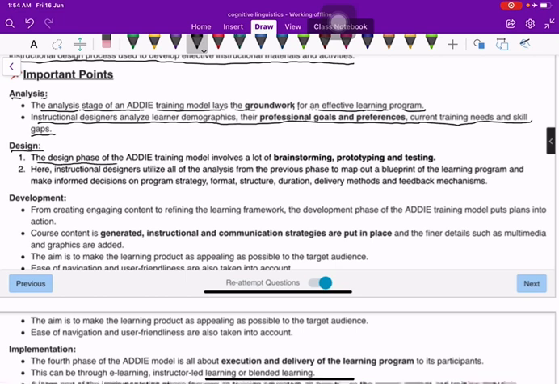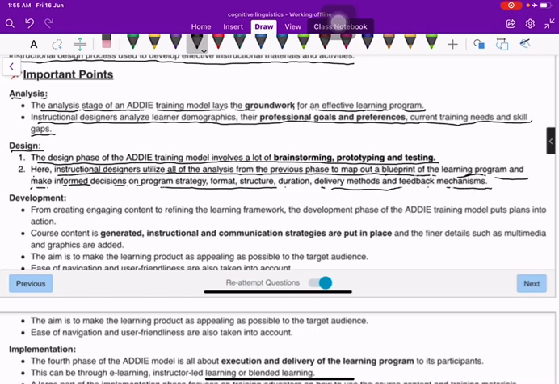The design phase of the ADDIE training model involves a lot of brainstorming, prototyping, and testing. Here, instructional designers utilize all of the analysis from the previous phase to map out a blueprint of the learning program and make informed decisions on program strategy, format, structure, duration, delivery methods, and feedback mechanisms.